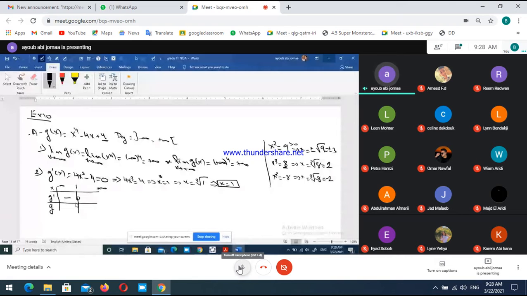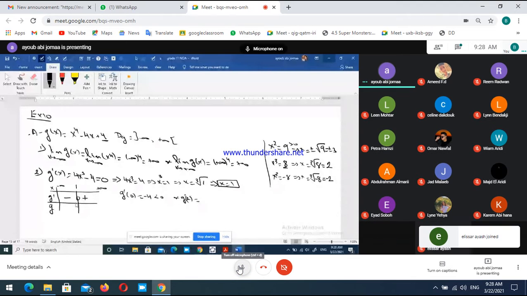G prime at 0 is equal to negative 4, which is negative, and G prime of 2 is equal to 28, which is positive. 8, 32, correct. So, decreasing, increasing.